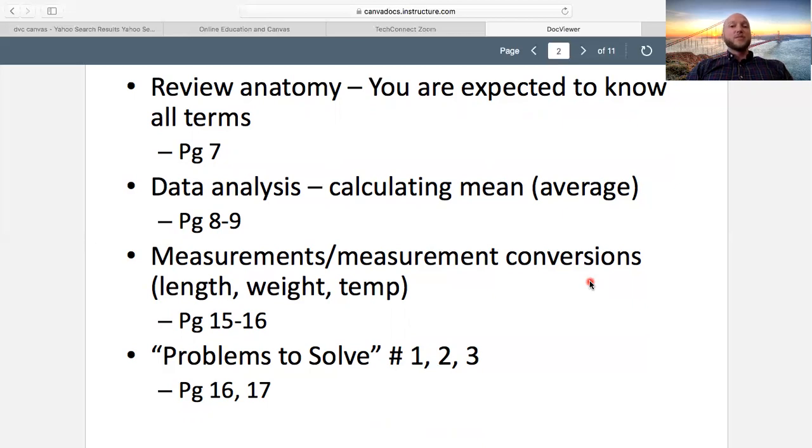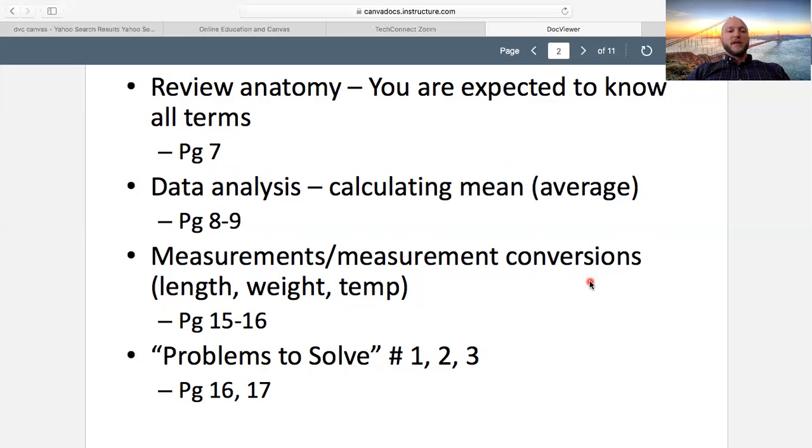So the conversions will be provided. On lecture exams, they will not be. On lecture exams, the 100-point lecture exams, the conversions, the formulas you need will not be provided within the question, only laboratory quizzes. So be comfortable using those.